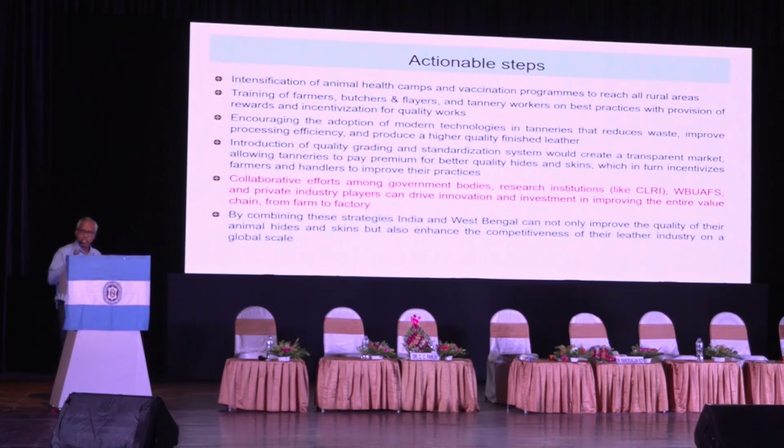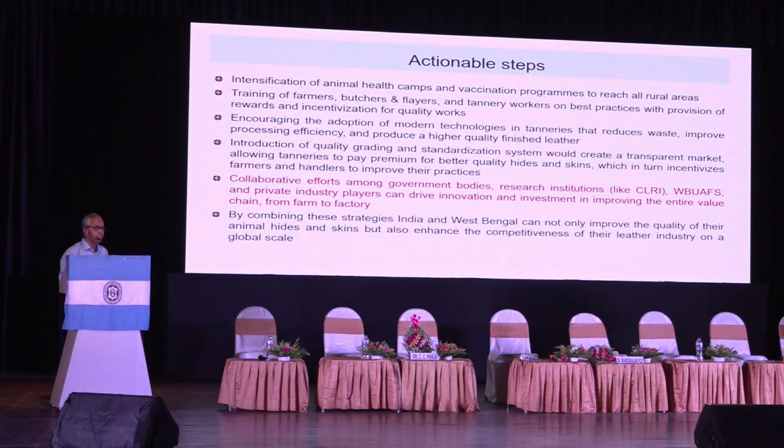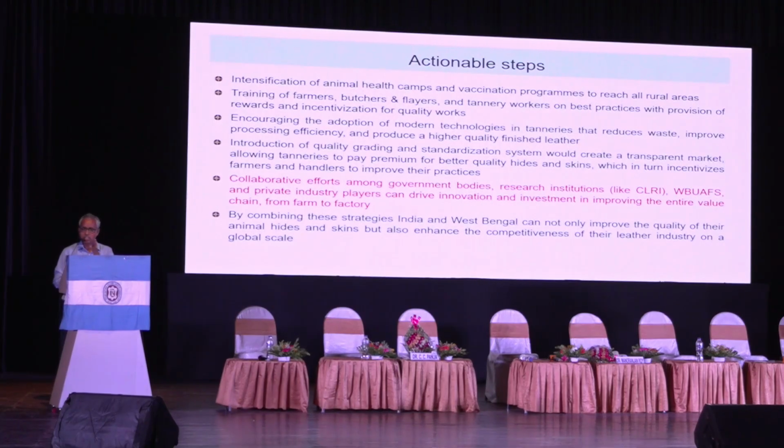Now, what are the actions we have to take? First one, intensification of animal health related activities. That means organization of animal health camps, breeding, feeding with the help of the Animal Resources Development Department, NGOs, government bodies.